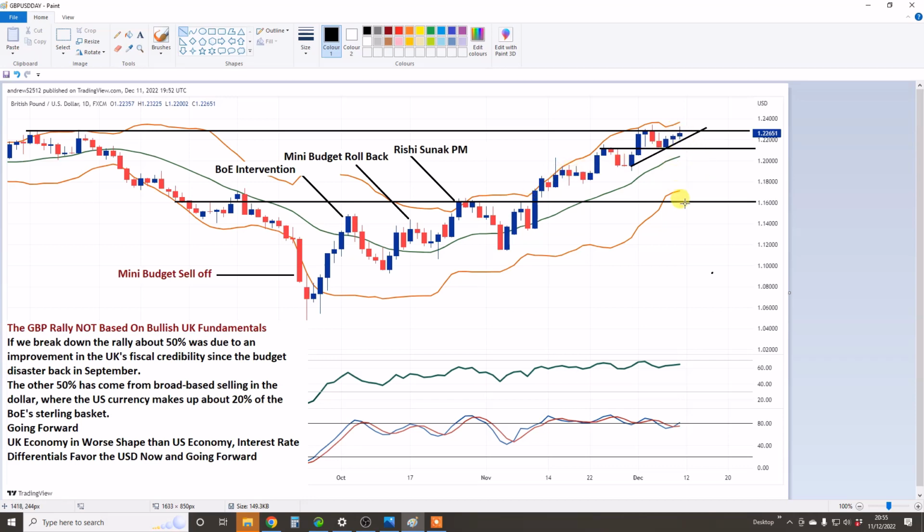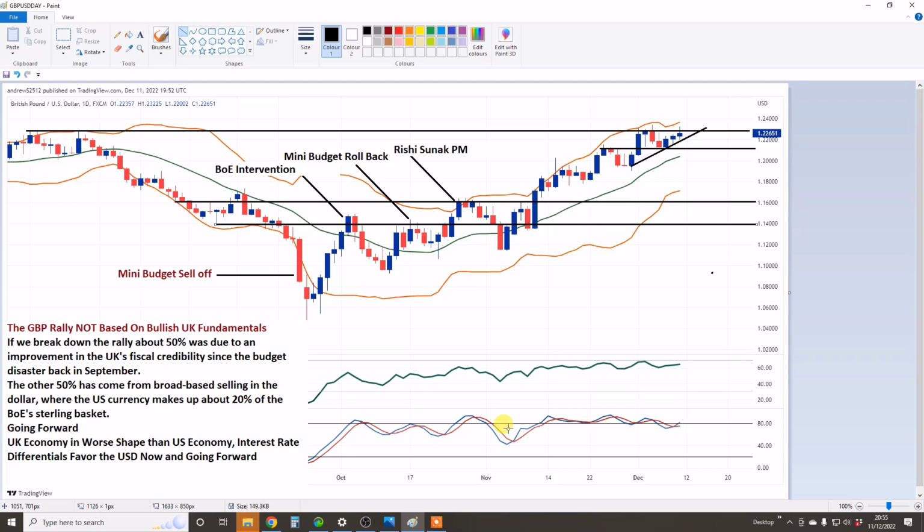So 116 the first level, then I think you could go to 114. So basically before the mini budget sell-off rally and the broad-based dollar selling. So yeah, the rally in sterling is a big rally, but it's not to do with bullish UK fundamentals.